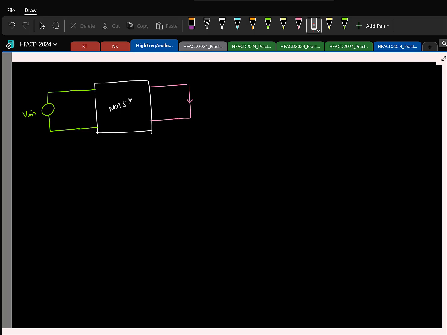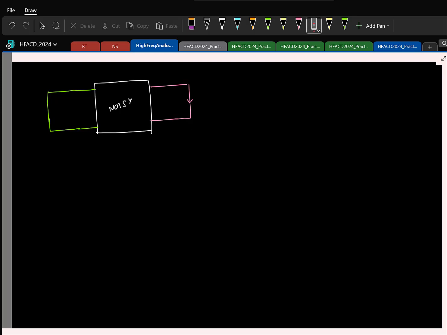One nice thing is that the input we apply is a small signal, and the noise amplitude is also really small. So both are small signals, and you can linearize this nonlinear network using small signal approximation. Once it is linear, to find the contribution only due to the noise, we can say that the input is 0, and whatever you get at the output is only due to the noise.